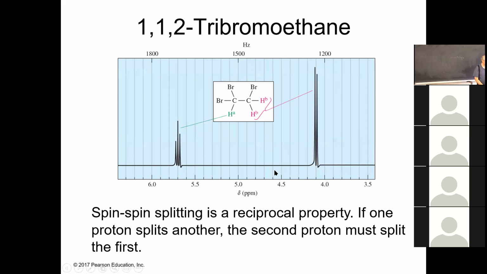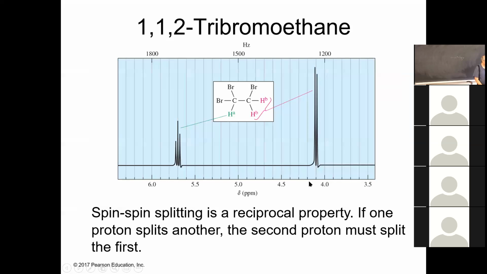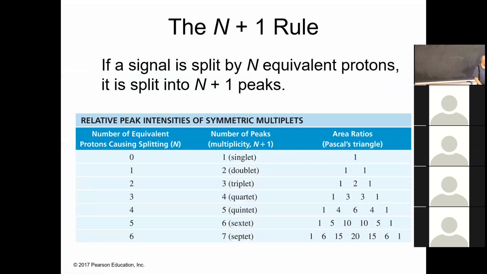That's what we would have here with something like this methyl, which is a singlet. It has no adjacent hydrogens, so 0 plus 1 is 1 peak. If there's 1 adjacent hydrogen, then we'll see a doublet. If there are 2, then we'll see a triplet, 3 a quartet, and so on.